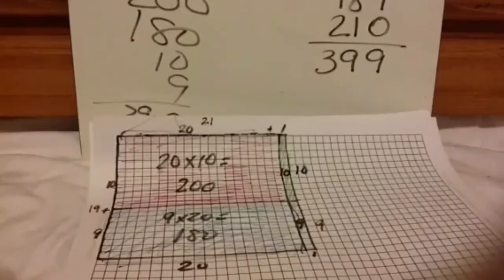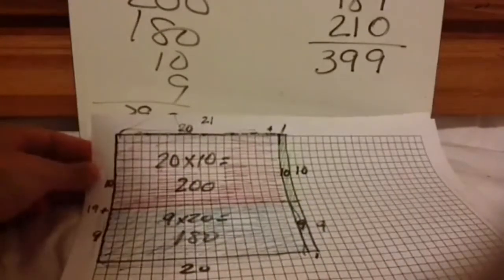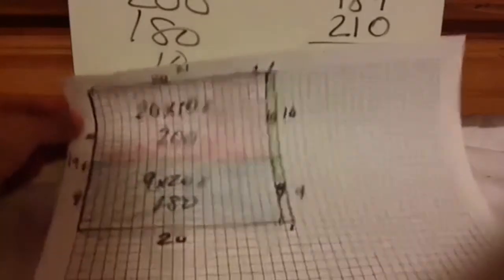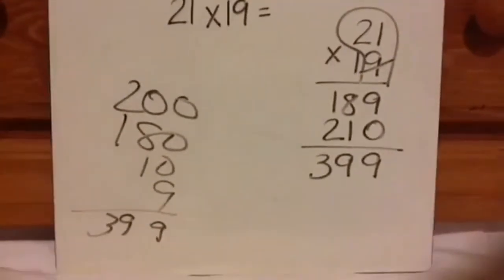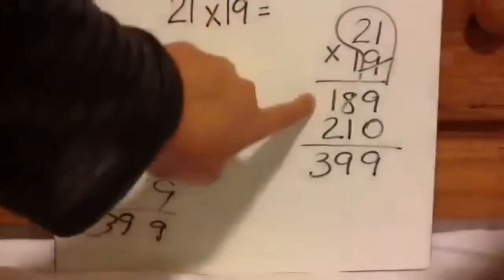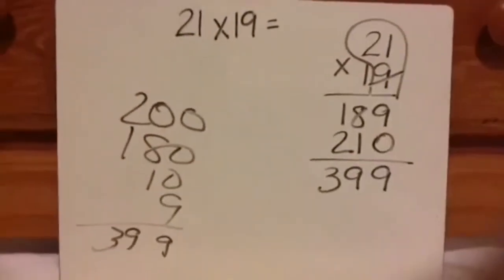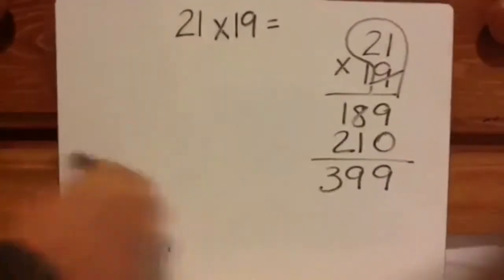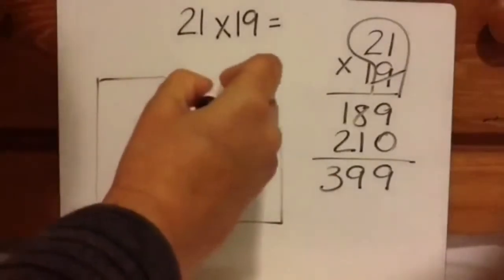If you have grid paper, go ahead and get that out. If not, I put a link in the information box below that you can print those out and use them for these. And notebook paper, you guys just get any regular notebook paper to do this and this. I also would like for you, it would be good practice, to go ahead and show the 21 by 19 without a grid.